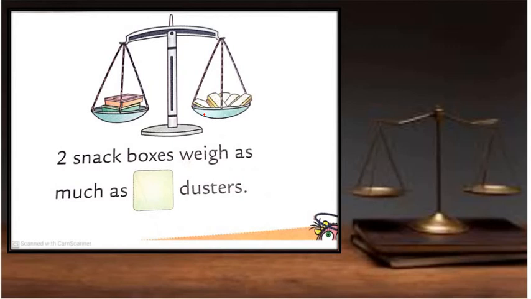Let's count how many dusters there are. 1, 2, 3, 4 and 5. We can say that 2 snack boxes weigh as much as 5 dusters. This was the comparison of weight.